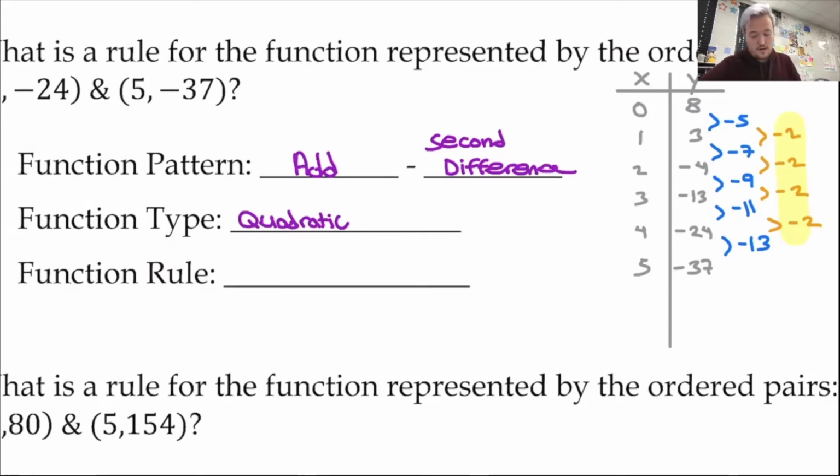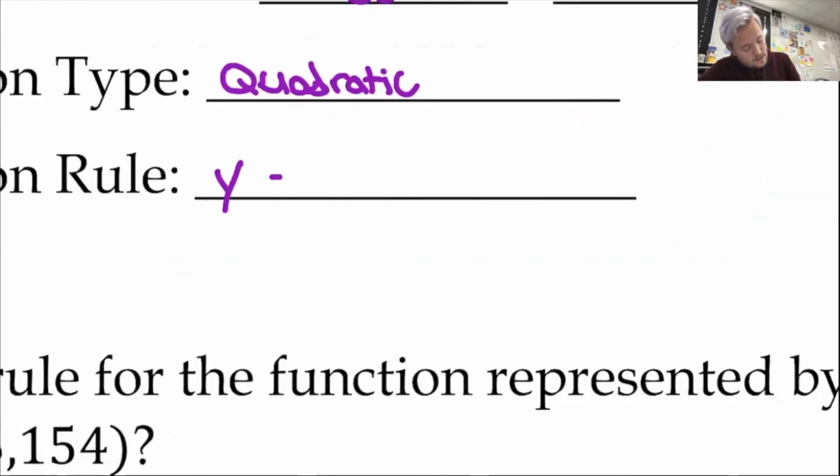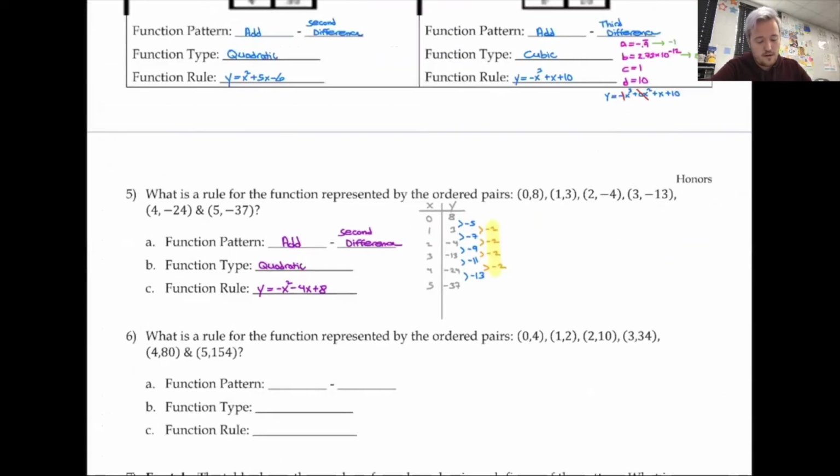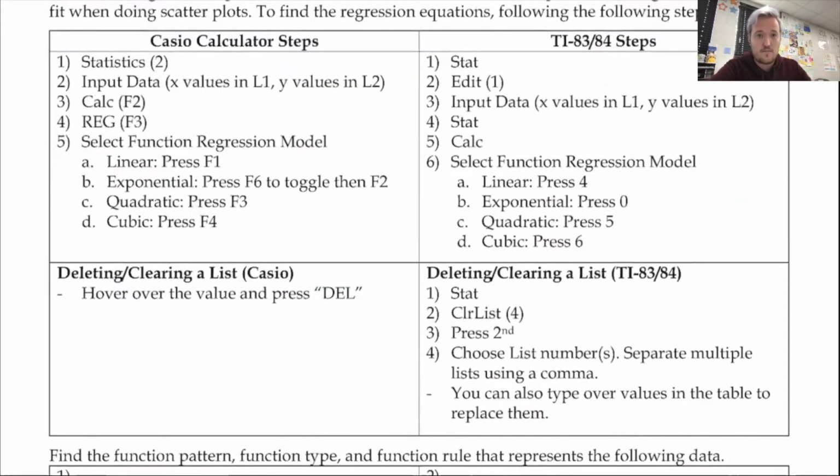So your equation that you're going to get out is going to be y equals -x squared minus 4x plus 8. Just to save time on the video, I'm going to go ahead and do the regressions on the side. If you need the steps, feel free to rewind, go back to the first 4 problems I did, or you could even look here at the steps. Remember, I have both the Casio and the TI steps.